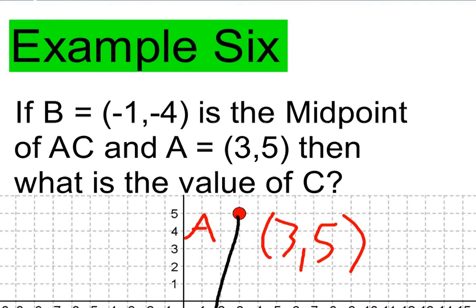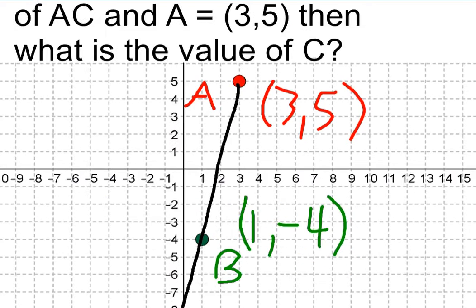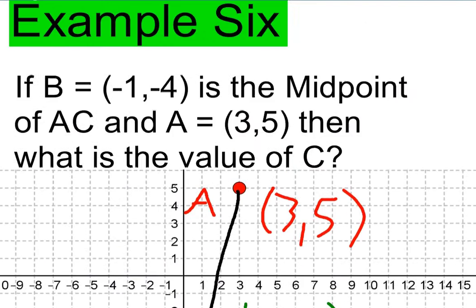Okay. The next example is probably the most complex one. I'm going to explain it to a T. If B equals -1, -4, and that's the midpoint of AC, and A equals 3, 5, then what is the value of C? Well, let's go ahead and plot these points.